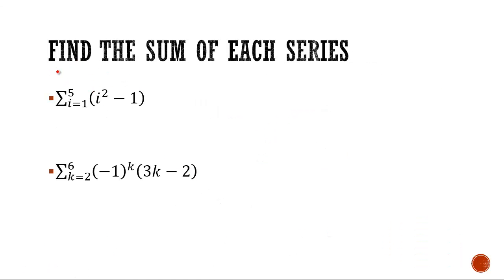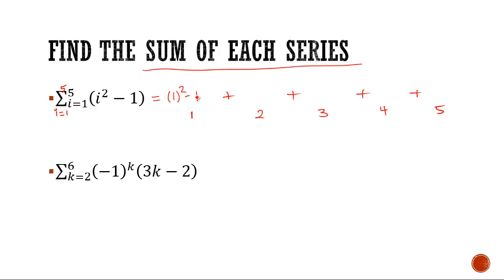So let's try to read these notations here and find the sum of each of these series. The computer just put these here, but it's best to write them so that you can see them clearly. So i is running from 1 to 5, meaning you'll have 1 plugged in, 2 plugged in, 3 plugged in, 4 plugged in, and 5 plugged in, and all of those terms will be added. So when we plug in a 1, you'll have 1 squared minus 1.